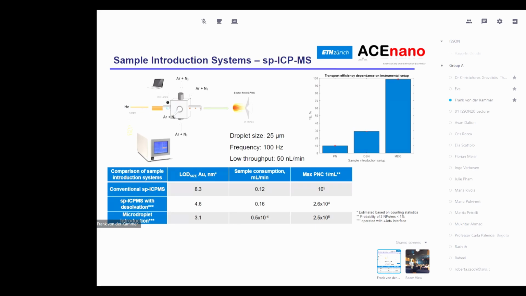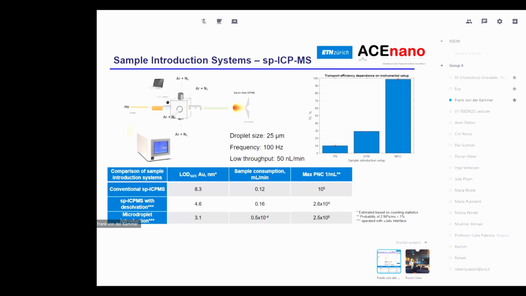Here's a single droplet injector. It injects single droplets at high frequency directly into the plasma. These droplets have a size of 25 micrometers, are highly reproducible in terms of size, and also in terms of mass and amount of liquid carried into the plasma. The frequency is 100 hertz, so you're measuring 100 droplets per second.